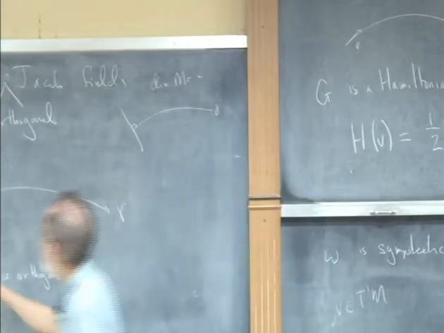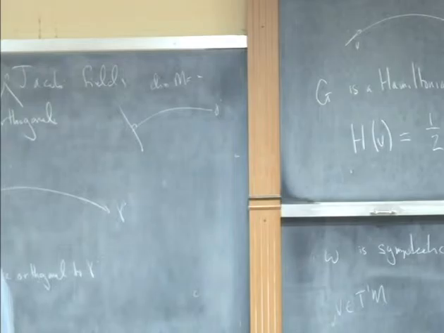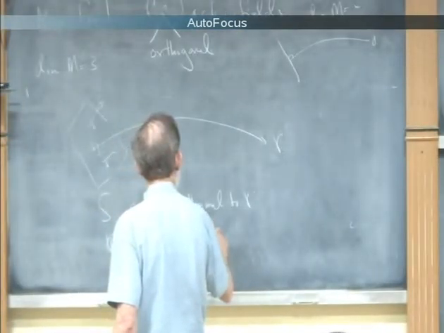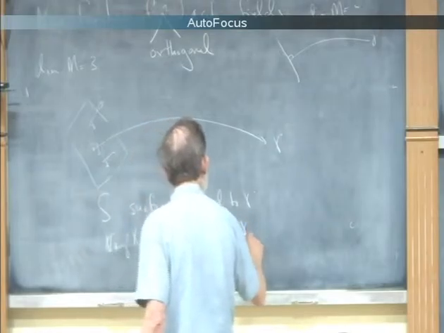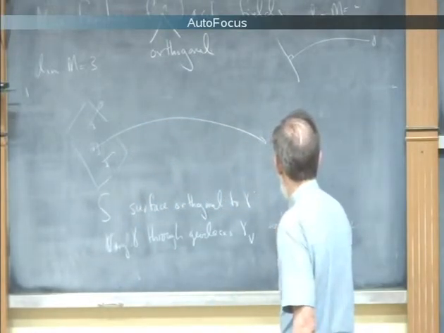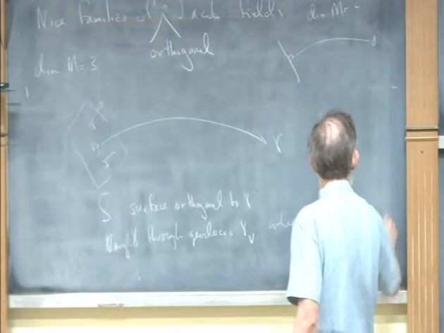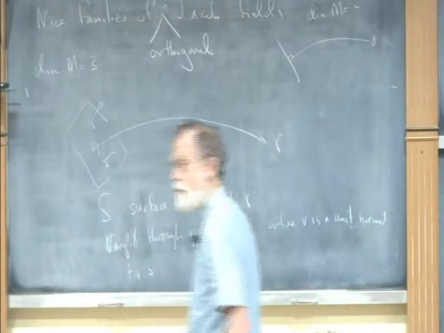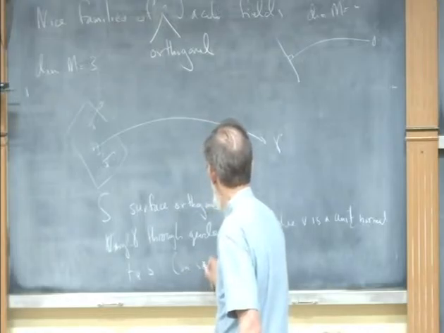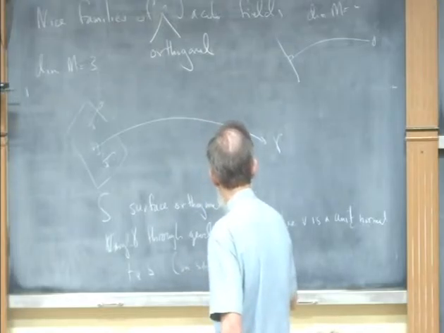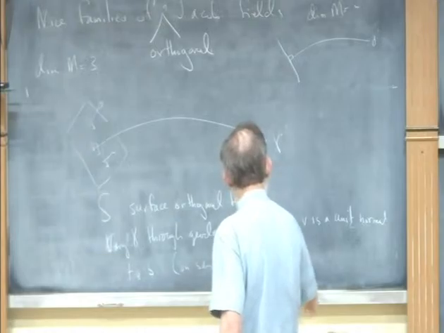And now I can take unit normals. I can vary gamma through geodesics of the form gamma sub u, where u is a unit normal to S. And obviously it's got to point on the same side of S as gamma dot of 0.